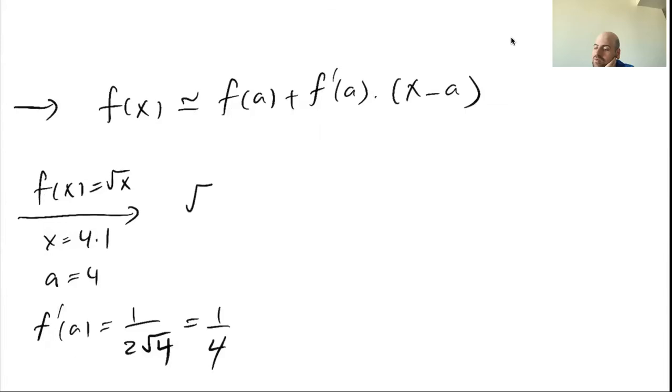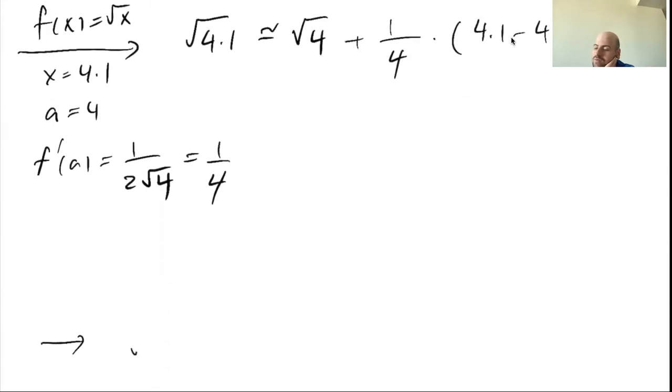So root 4.1 is almost equal to f of a, which is root 4, plus 1 over 4, which is f prime of a, times x minus a, which is 4.1 minus 4.